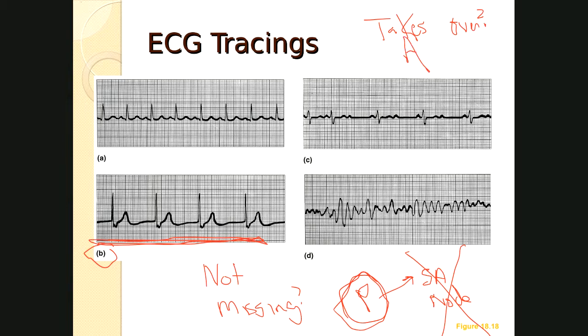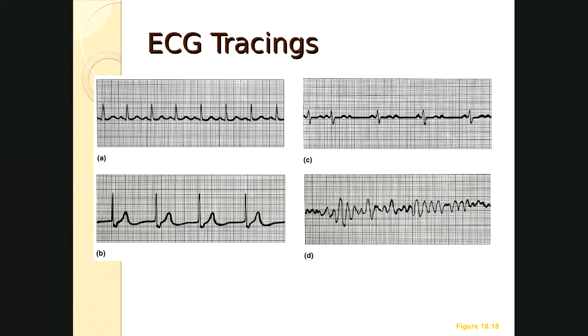And so look, if we look at this, we don't have any P waves. Look, there's no P wave. We have Q, R, S, T. No P wave. Q, R, S, T. And so this is what's called the rhythm from the AV node, or sometimes it's called the junctional rhythm. But it's the AV node that's in charge now.